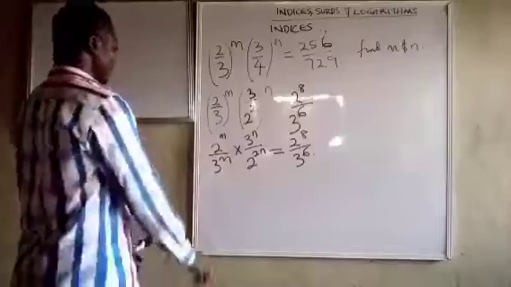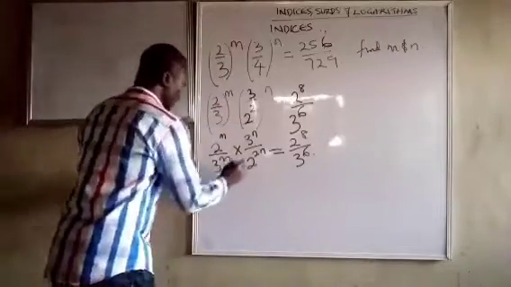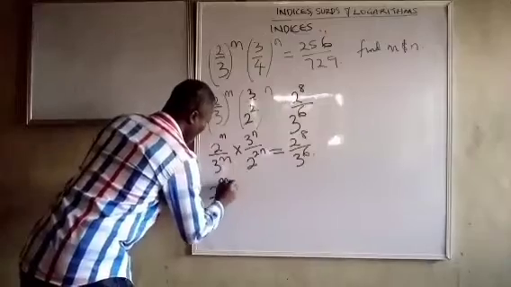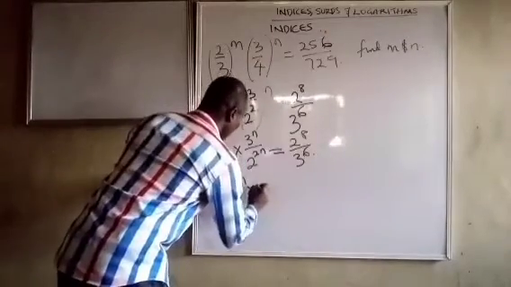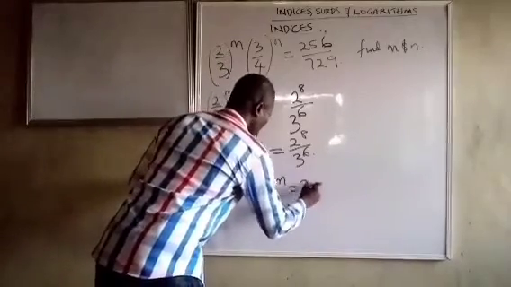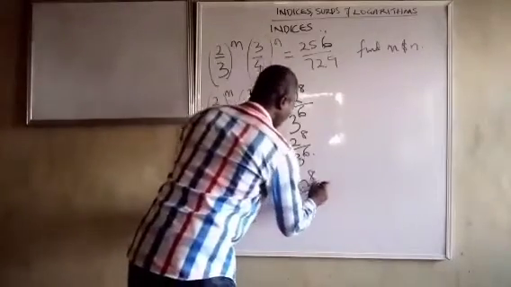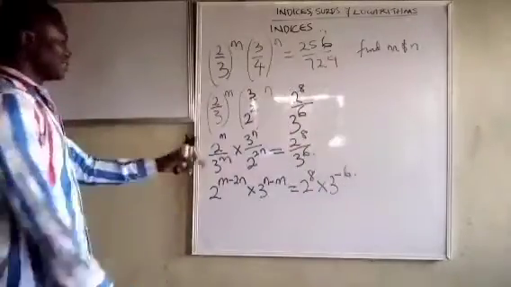If you look at this very well, the ones below are negative. They have negative power. So if we do it like this, you can say 2 raised to power n minus 2n times 3 raised to power n minus n is equal to 2 raised to power 8 times 3 raised to power minus 6.